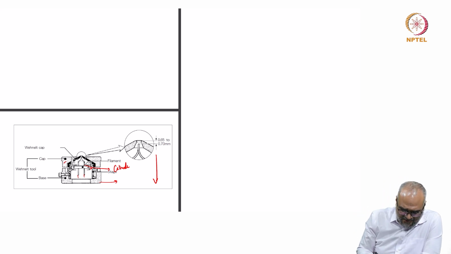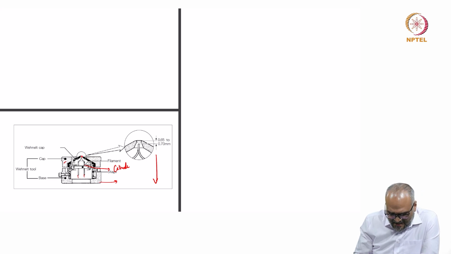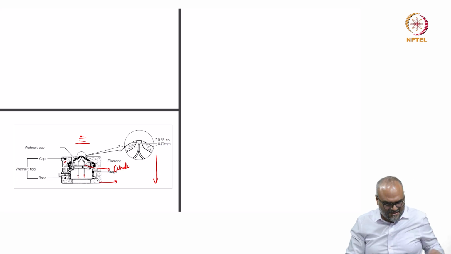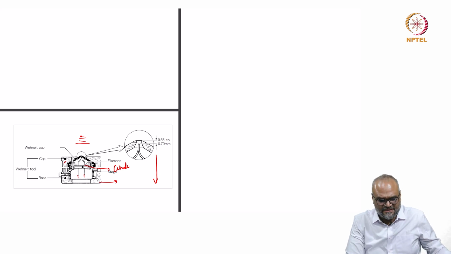You similarly have a base and a filament holder here, and you fix it inside a conical shaped Wehnelt cap, or sometimes we call it the Wehnelt grid, and this goes into the top part, and on the other side of this you get the anode. I will show you another schematic very shortly, but let us see how a real filament looks.